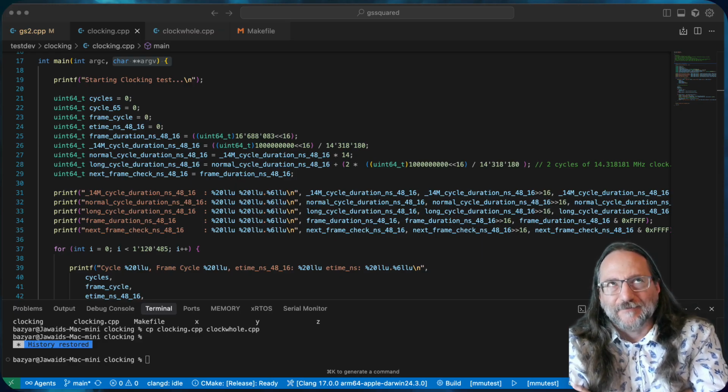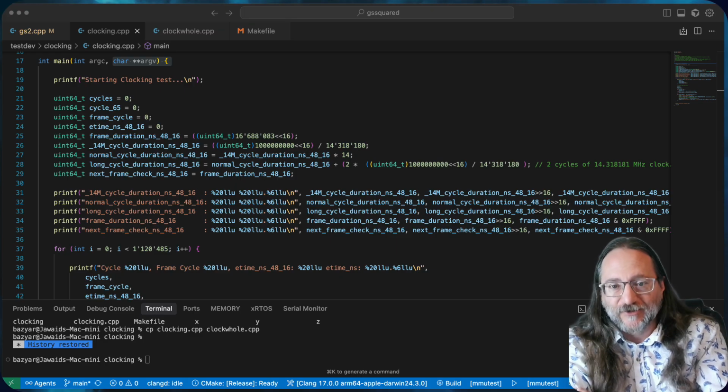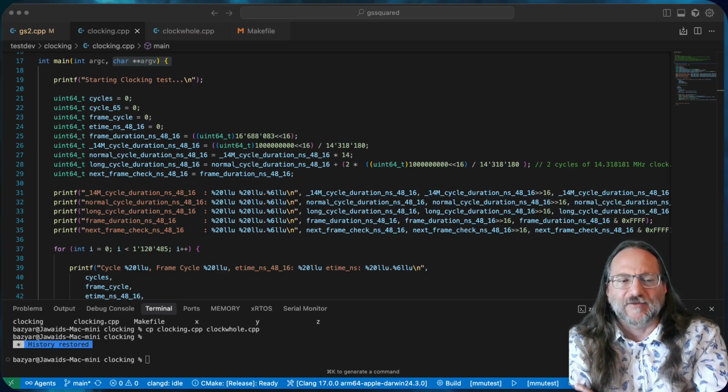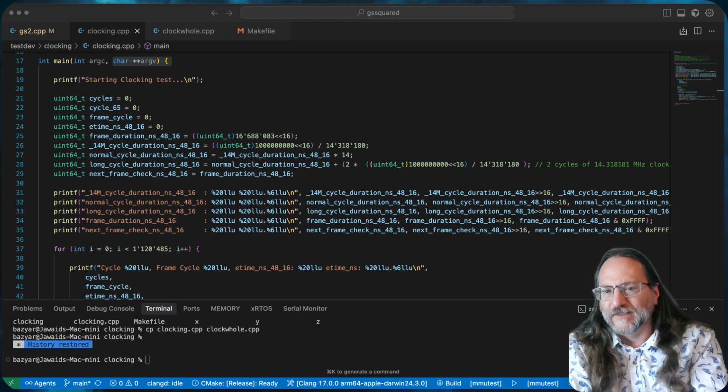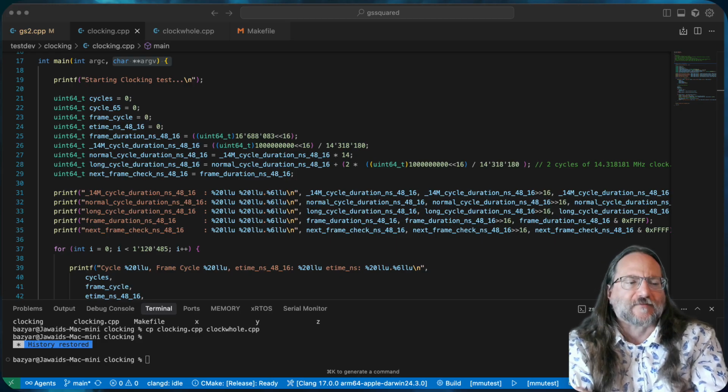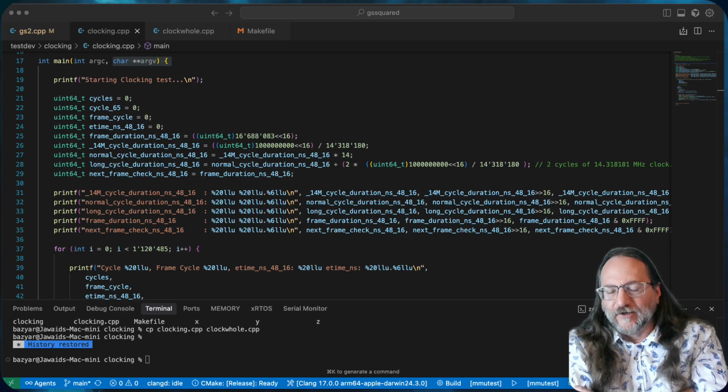And thinking about Apple II GS emulation, which is on the roadmap, it has a much more sophisticated clocking regime because it's trying to be an Apple II, but it's also trying to be a more modern, much faster computer. So I realized I needed to revisit the way I handle the clocking.